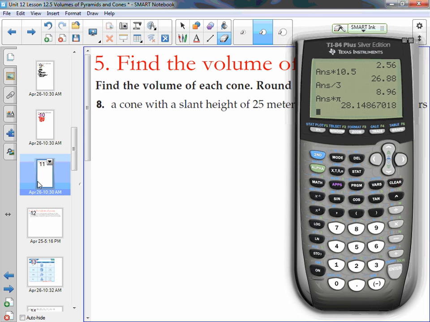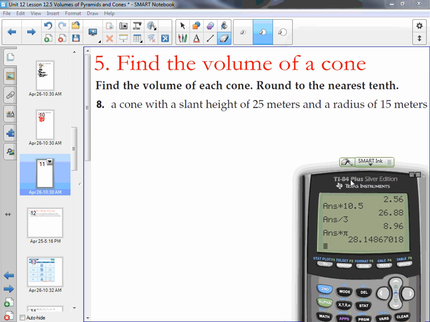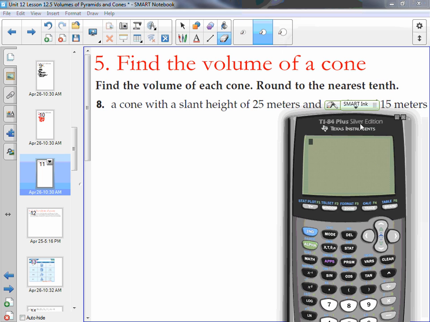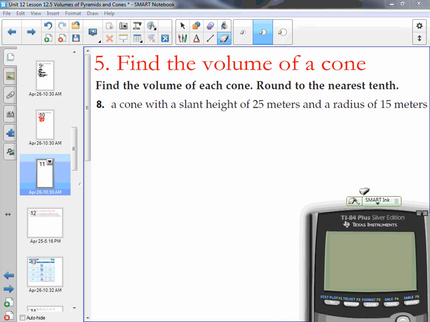Okay. Now, number 8 uses a term that we're not familiar with. A cone with a slant height of 25 meters. Now, first of all, they did not say an oblique cone. So if they don't say it's oblique, it's right. So it's a right cone. Now, what's a slant height?